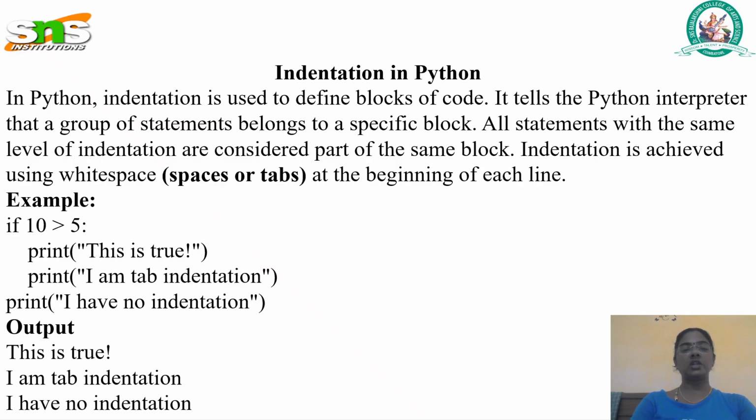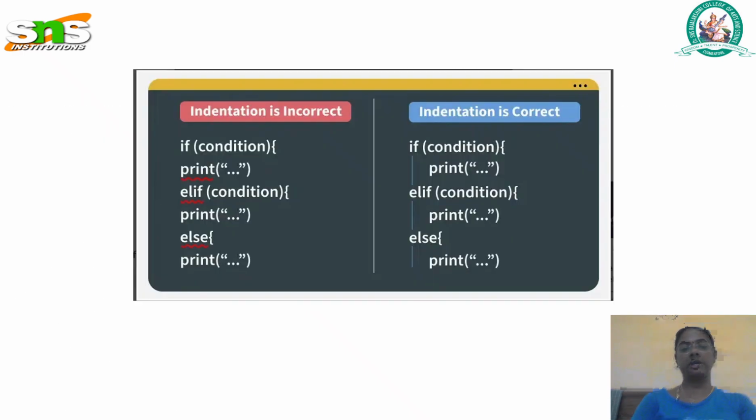The first and second print statements have indentation, so they belong to the if block, and the last print statement, which has no indentation, belongs to some other block. So the output is: this is true, I am tab indentation, I have no indentation. This is the original output for the given example.